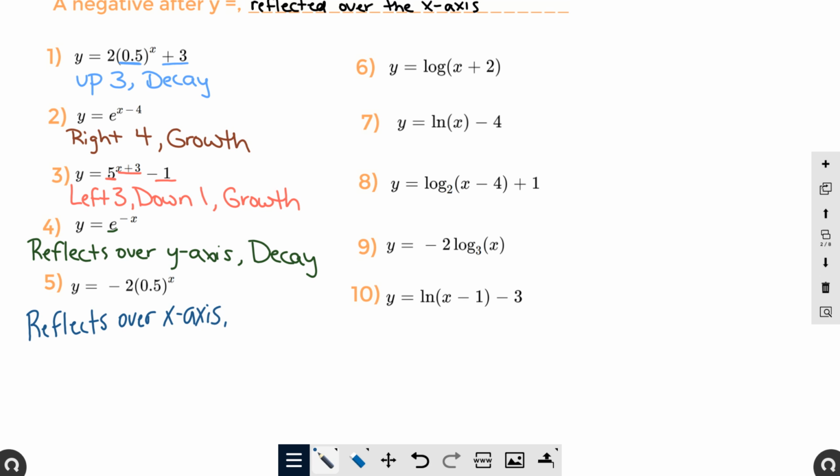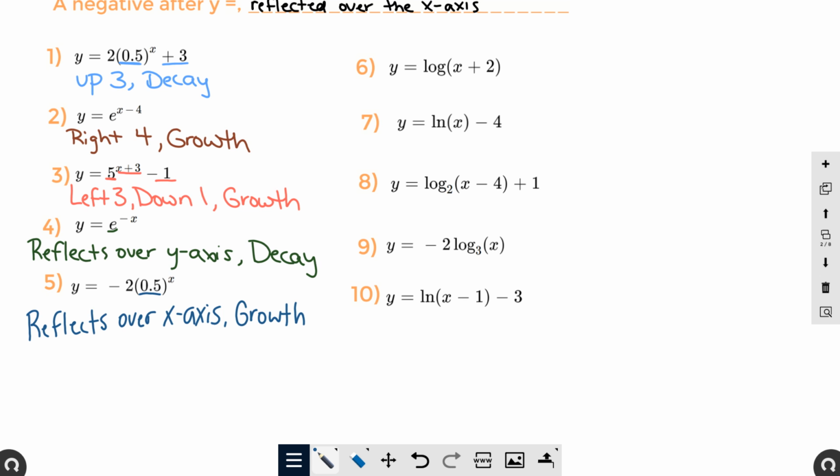If you reflect over the x-axis, it's also going to change your growth decay. So originally, this one is a decay because of the 0.5, just like in number 1, but now it's going to change to a growth. Does that make sense? Okay.